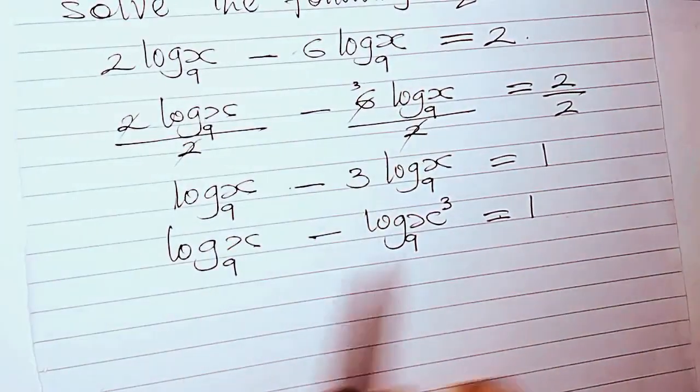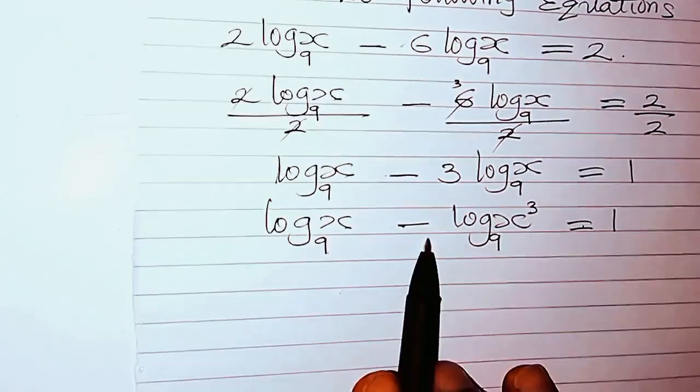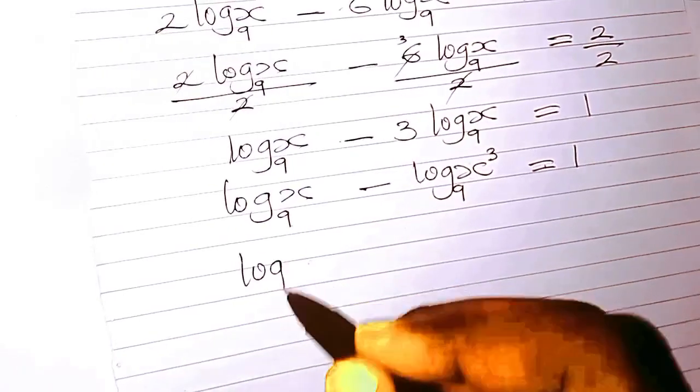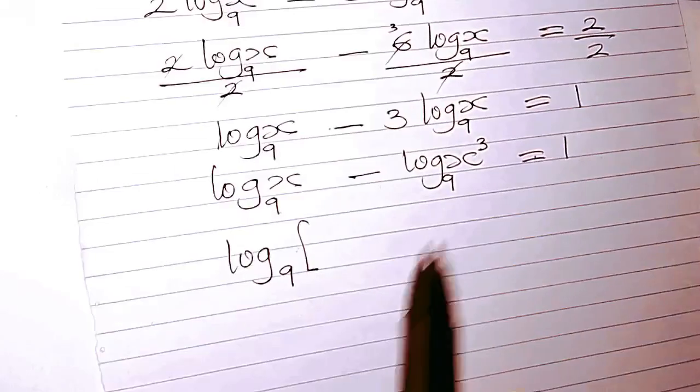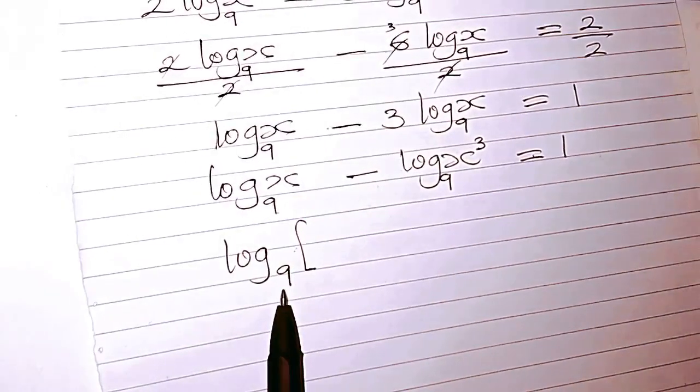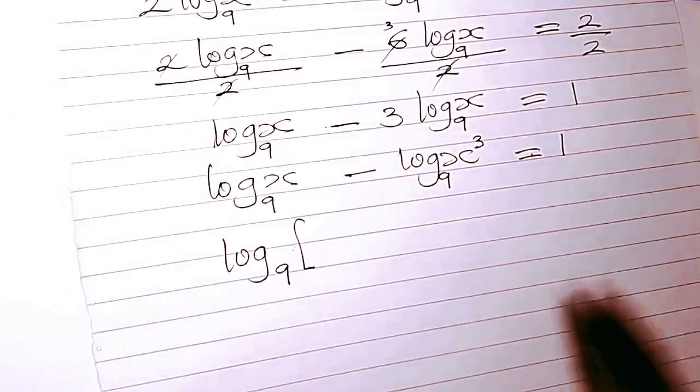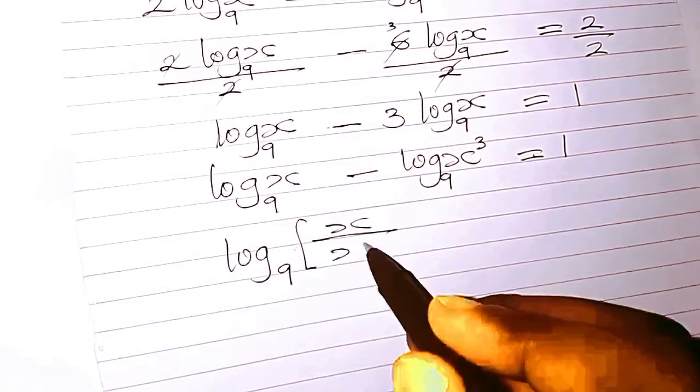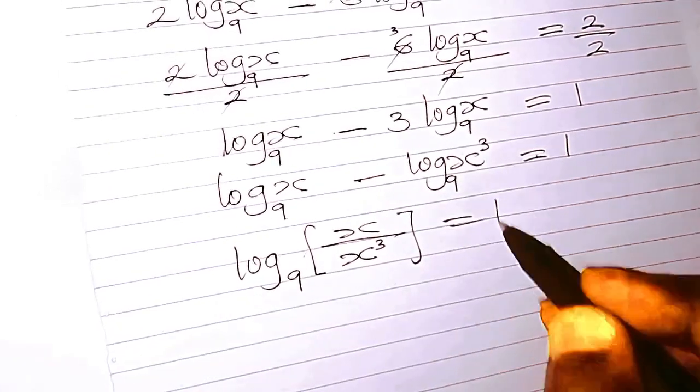Then this becomes the log to base 9, and remember, if it is subtraction, taking common logarithm changes to division. So we have x divided by x cubed equal to 1.